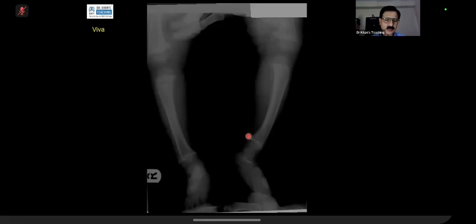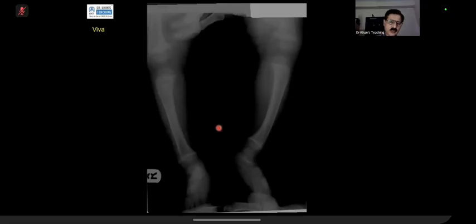What is the appearance here of the distal epiphysis and the metaphysis? There's a provisional zone of calcification. Yes. So do you think this is rickets? I don't think this is rickets.